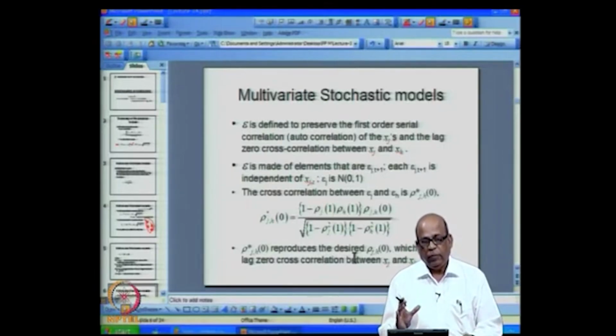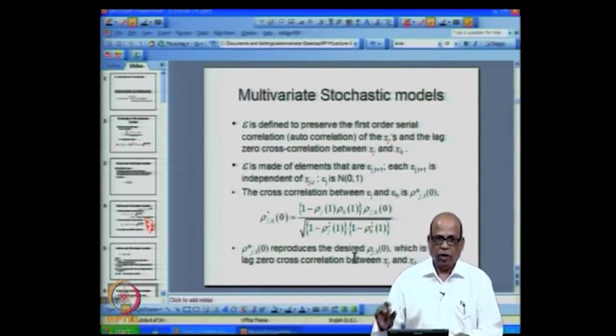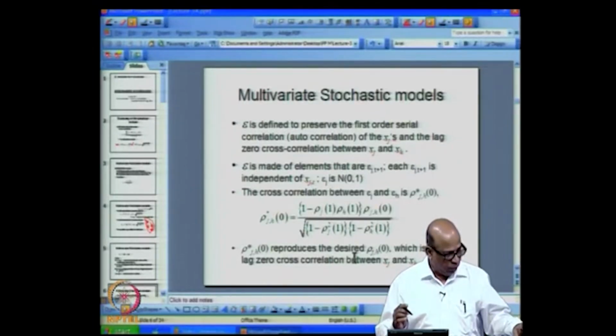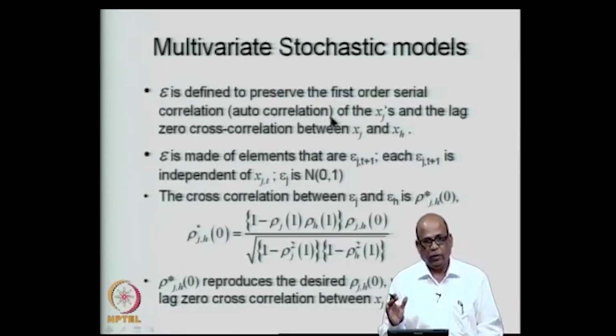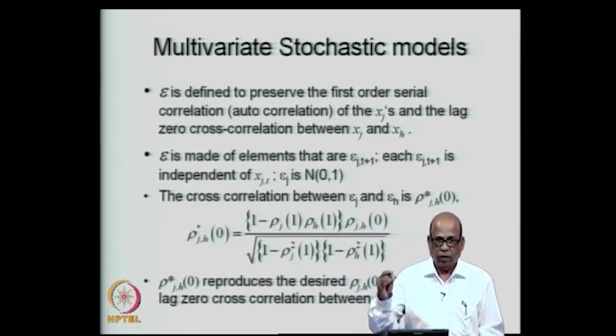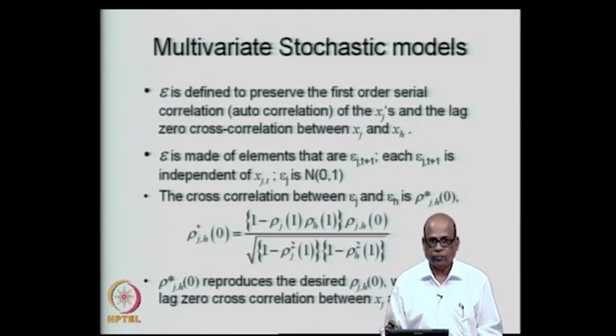The whole crux of this model depends on how we define the epsilon. We define epsilon such that we are able to preserve the first order serial correlation, which is the autocorrelation. We are talking about rho 1, rho 2 etcetera, all of them at lag 1. It has to preserve the first order serial correlation, and it should also preserve the lag 0 cross correlation between x j and x h.